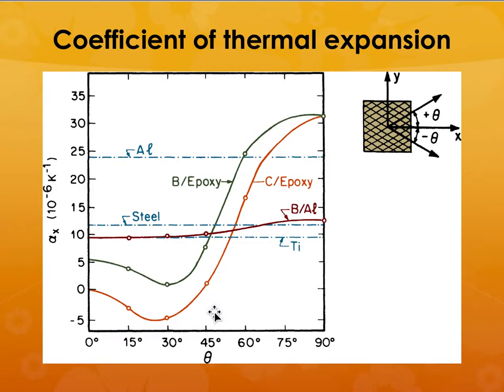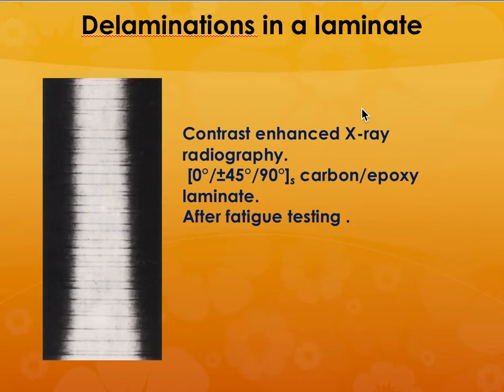Similar to the tensile properties and the elastic modulus, you can also calculate with the equations the coefficient of thermal expansion, depending on the material. If you want to control the thermal expansion coefficient of the composite material, you can change the angle of orientation of the fibers, predict the properties, and see how well the actual experiments compare with the prediction.